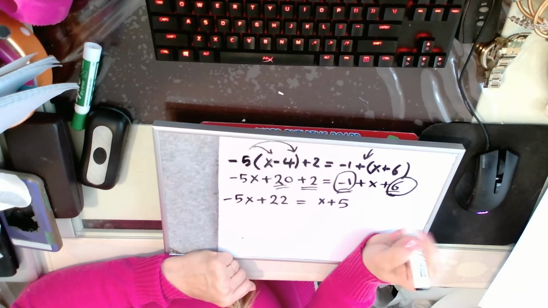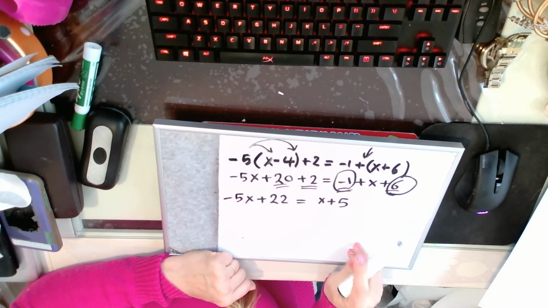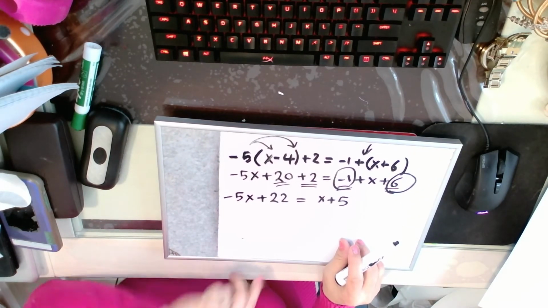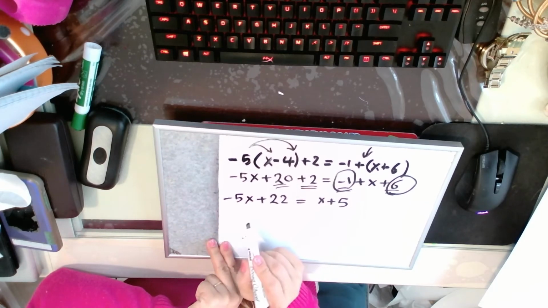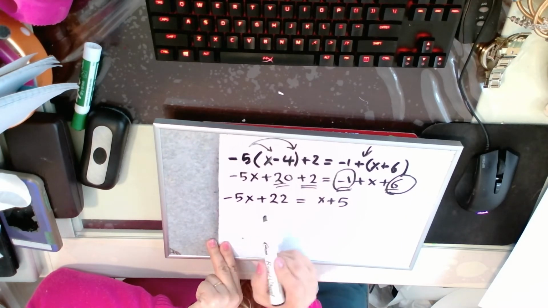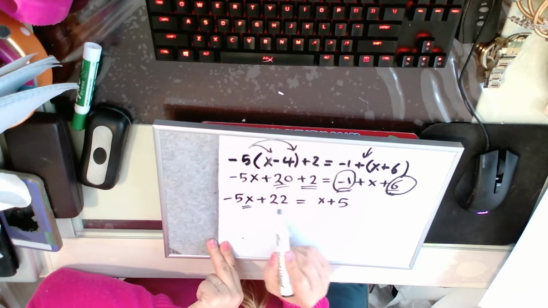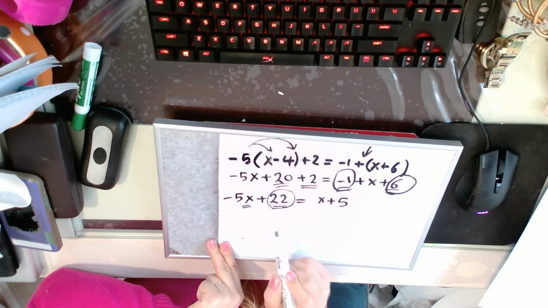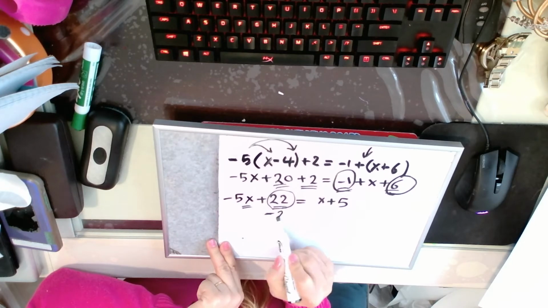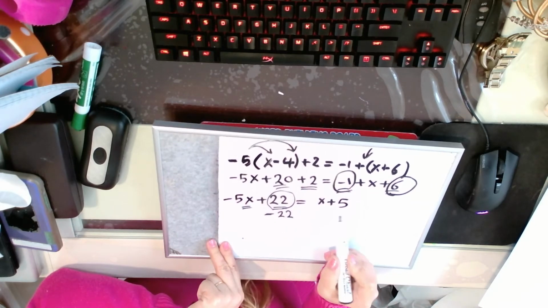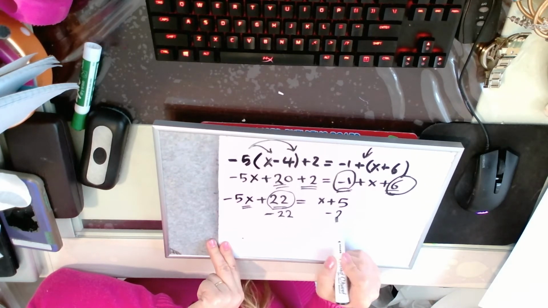Minus 1 plus 6 is plus 5. Okay, now we want the value of x, right? So we're gonna get rid of the number by subtracting 22 from both sides.